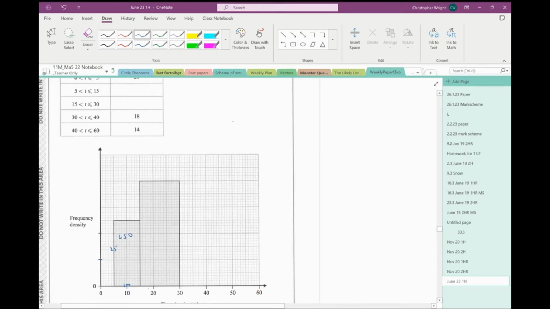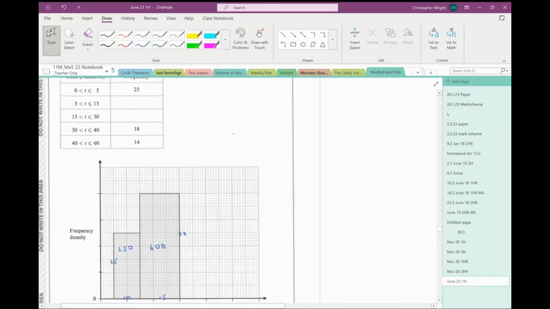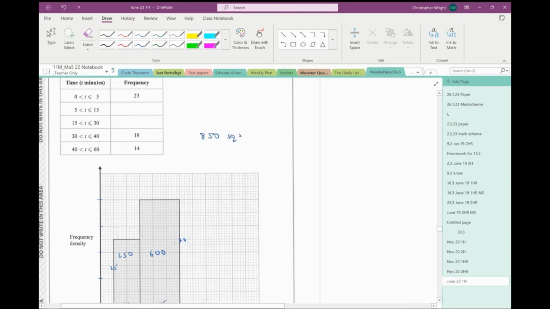And this second bar is 15 wide, 10, 20, 30, 40, 40 high. 15 times 40 is 600. So altogether, the area of these two bars is 850. 850 squares. Now, how many people does that represent?